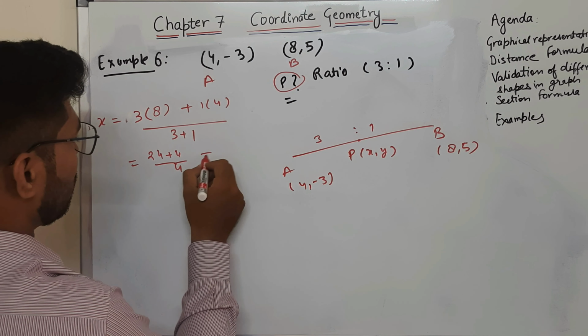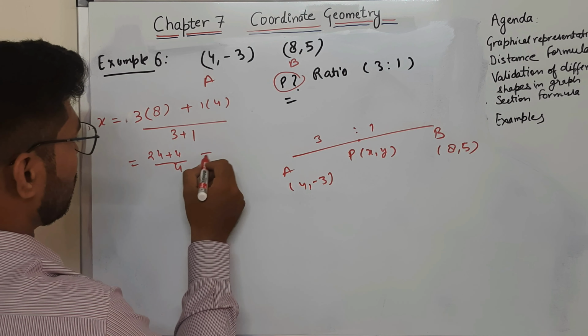Now solve for y. 3 into 5 plus 1 into minus 3 upon 3 plus 1. So this will be (15 minus 3) upon 4, which is 12 upon 4, which is equal to 3. So y will be 3. So P (x, y) is equal to (7, 3).